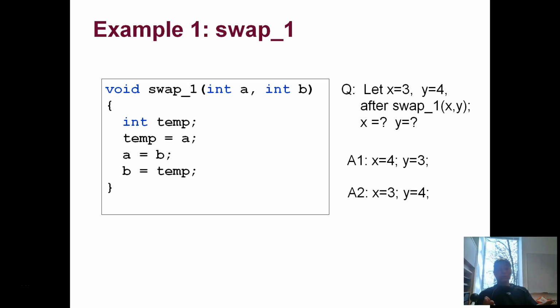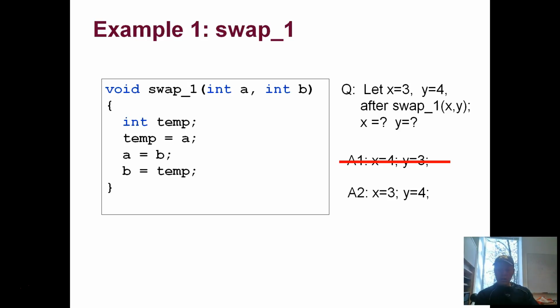So this appears to swap these 2 integers, and if the caller calls swap1, in this case the caller has x is 3 and y is 4, after a call to swap1, what do you think the values of x and y are in the caller? Not within swap1, but in the caller. Is it going to be x equal to 4, y equal to 3, or is it going to be unchanged, x equal to 3 and y equal to 4? So again, pause, come up with your answer, reason about it, and then I will explain it.